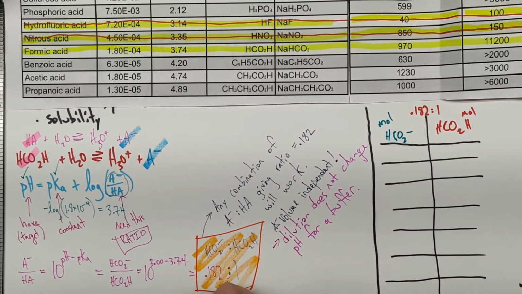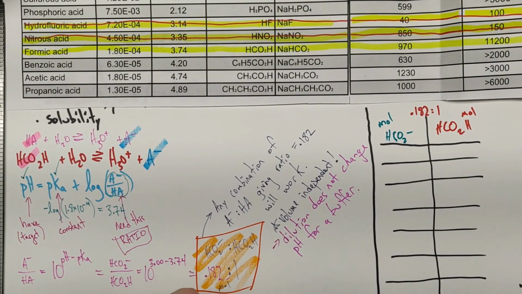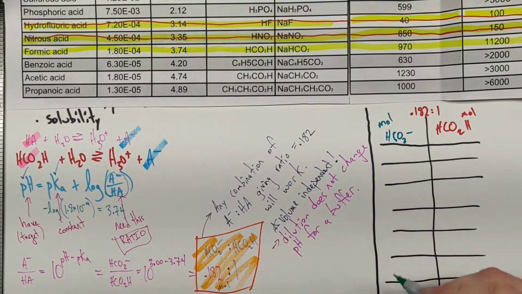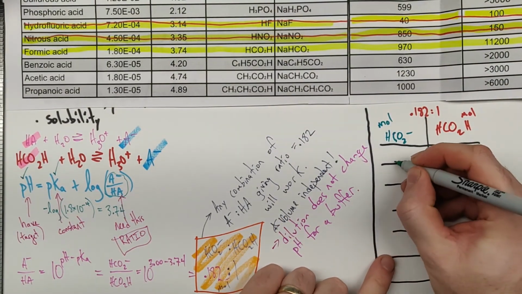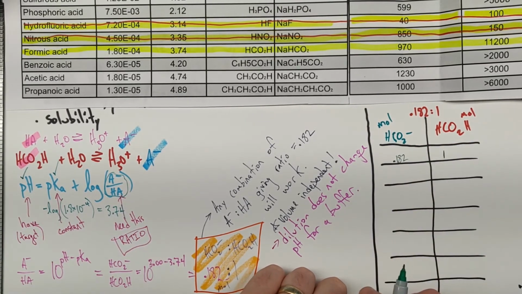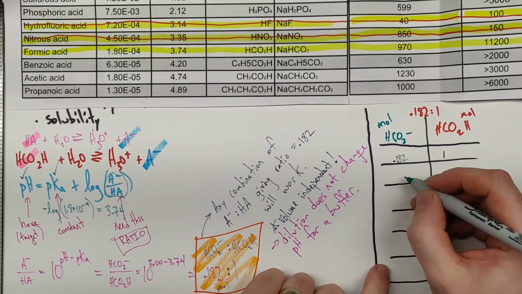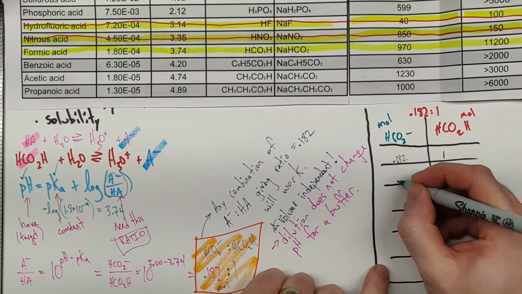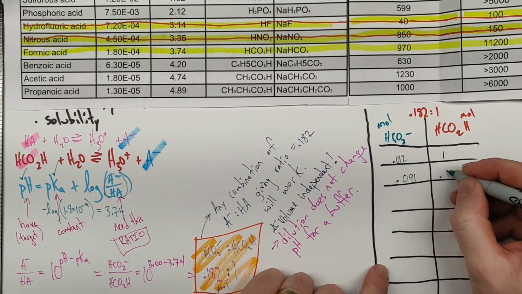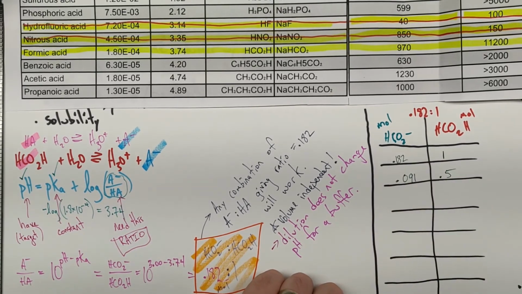So I calculated all these numbers in advance, and I just slammed them into a calculator and solved the equation. And so here are some options that I had. How about 0.182 moles to 1 mole? Or, picking some stranger numbers, 0.091, just cut that in half, to 0.5. And that one I think is pretty intuitive.